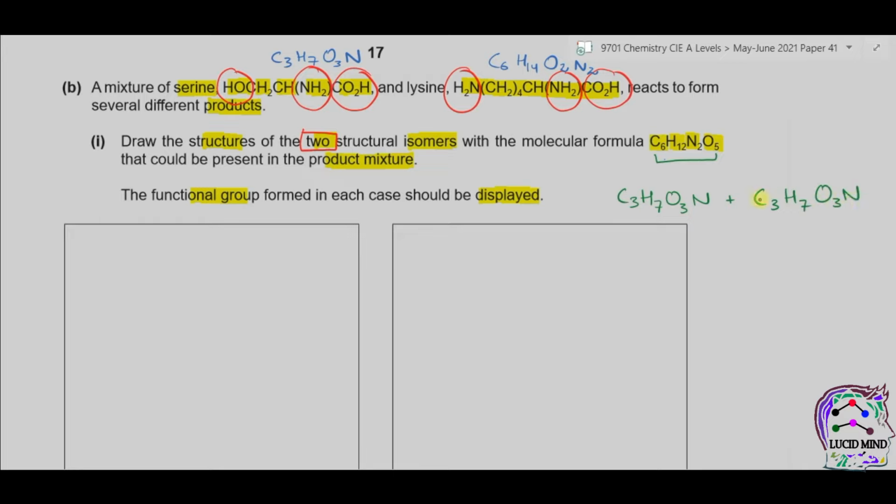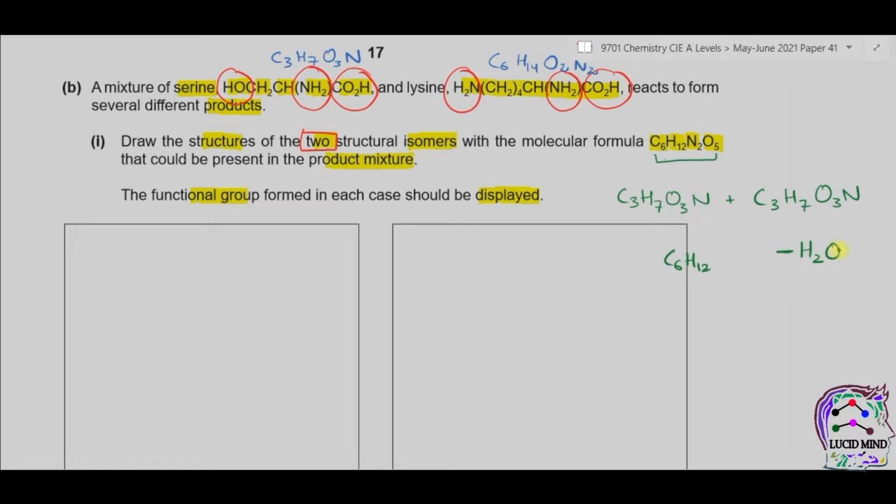When these two react together, they will react by condensation reaction, as we have carboxylic acid functional groups and amine and alcohol groups present. So water molecule is also released. When H2O is released, 2 hydrogen and 1 oxygen will be less as compared to this molecular formula. So total carbon will be C6, total hydrogen will be 14, and minus 2 it will be 12.